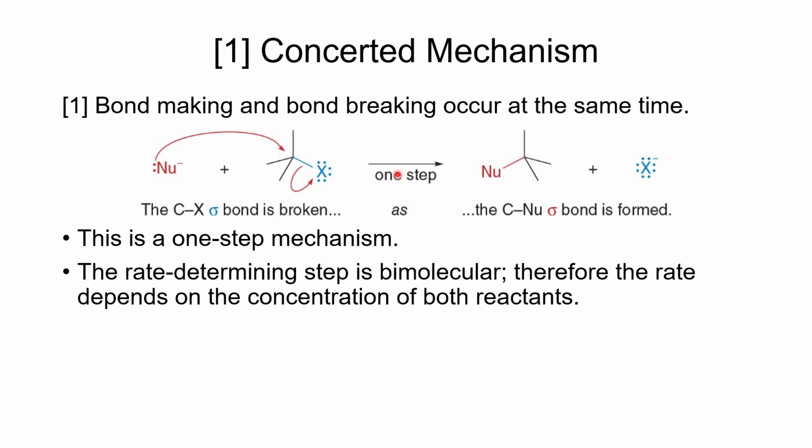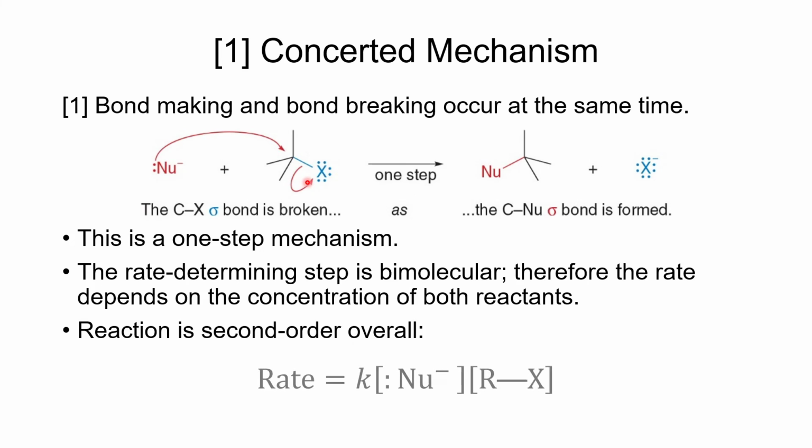Since there's only one step, that one step is the rate determining step. It's bimolecular. There are two molecules involved in that step. So our rate equation is going to be bimolecular, in other words, second order. So the rate of the reaction will depend on the concentration of the nucleophile and on the concentration of the alkyl halide.